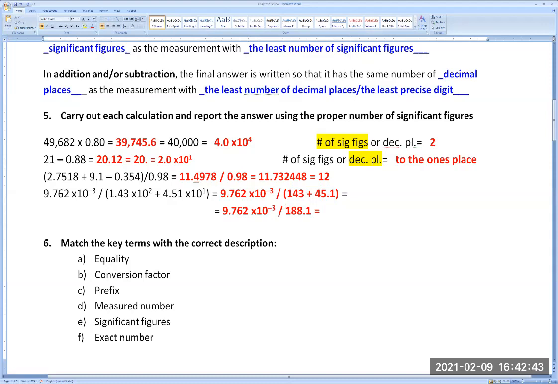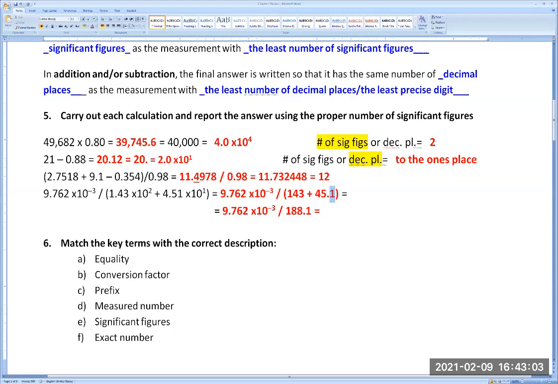So the least number of decimal places here, because it's an addition, so you need to look at that. Here we have precision to the ones place, right? This is where you have the dot. So this is precise up to the ones place.